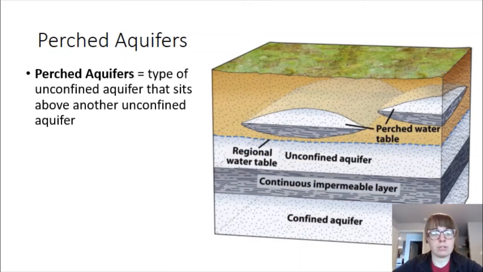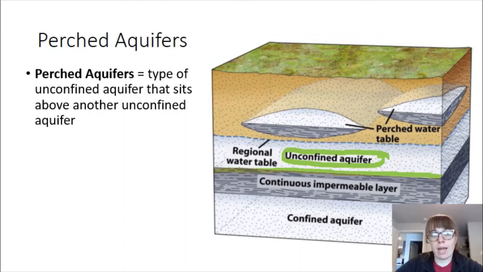And then, as I mentioned, there's something called a perched aquifer or a perched water table. A perched aquifer is just an unconfined aquifer that is sitting above the regional water table or the regional unconfined aquifer. So in this diagram, here is our impermeable layer. On top of our impermeable layer is our unconfined aquifer. Remember that the unconfined aquifer is marked at the top by the water table, which is shown by that blue dashed line.